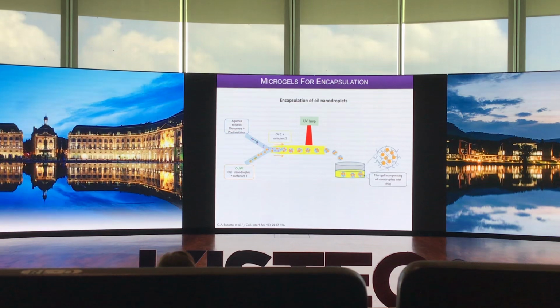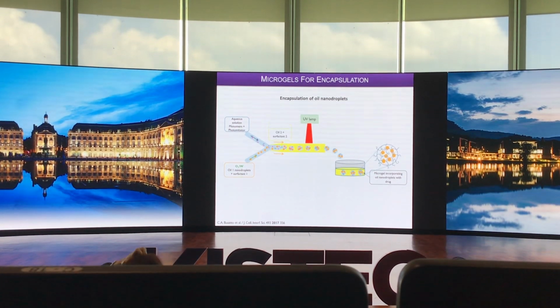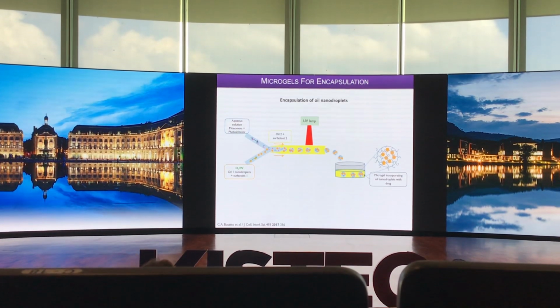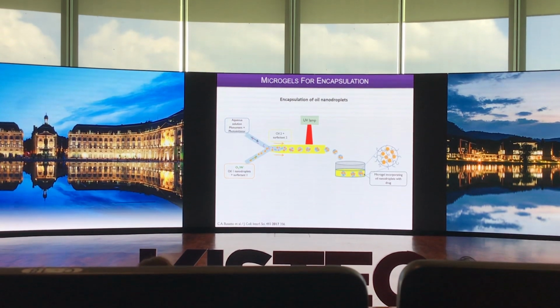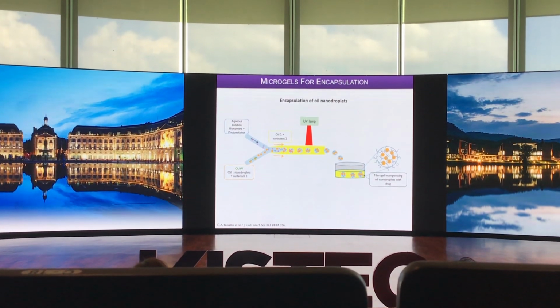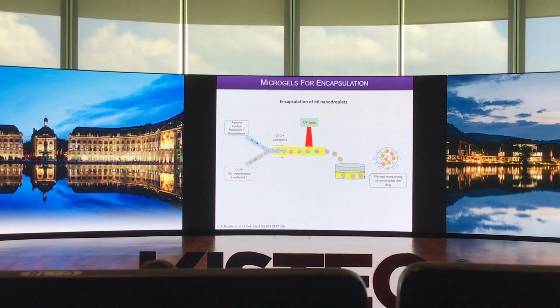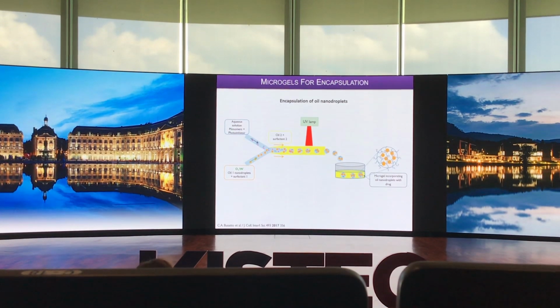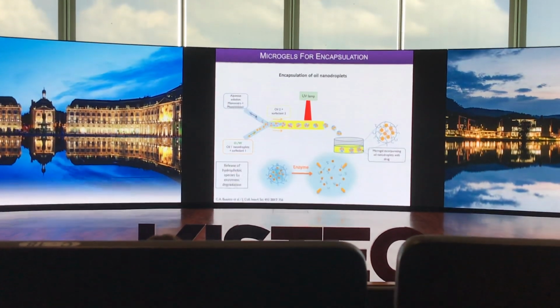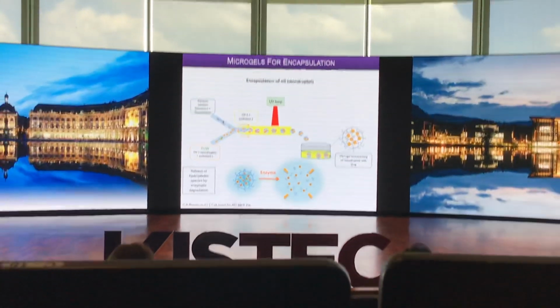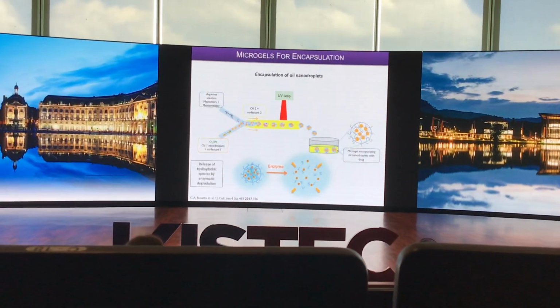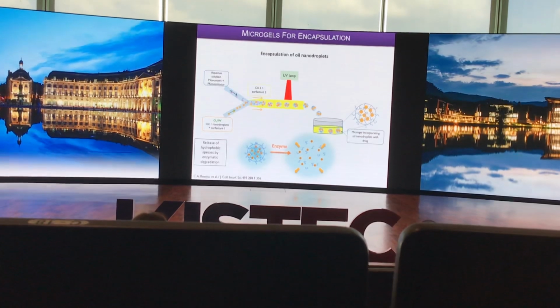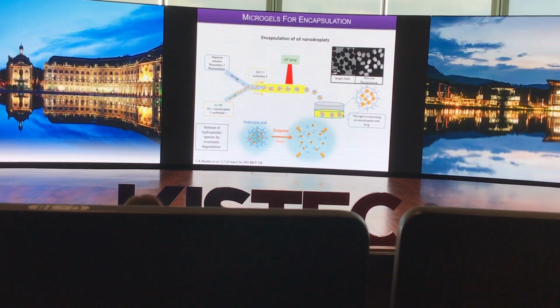Especially one generic system is to load oil droplets, and inside the oil droplets you can incorporate some hydrophobic drug, for example. So here we developed a system in which we loaded progesterone, and the idea was to degrade the matrix by using an enzyme.